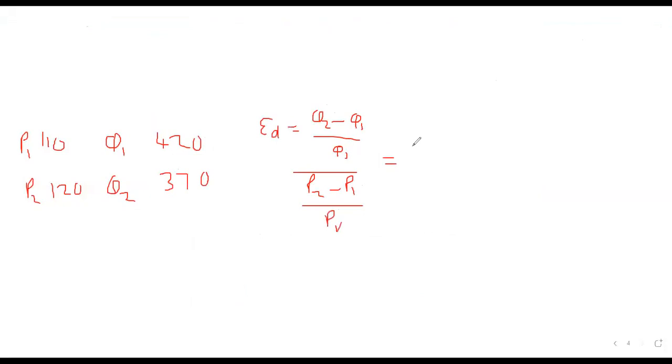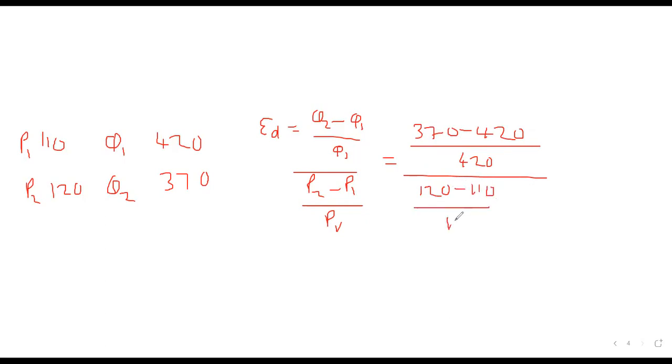So here we are going to have 370 minus 420 over 420, divided by 120 minus 110 over 110. Are we together? Are we following? Yes. Okay.